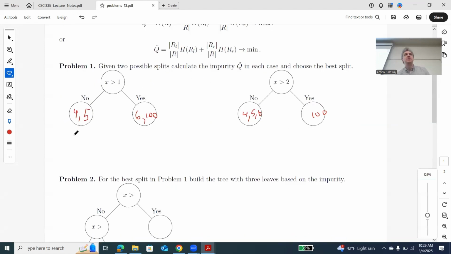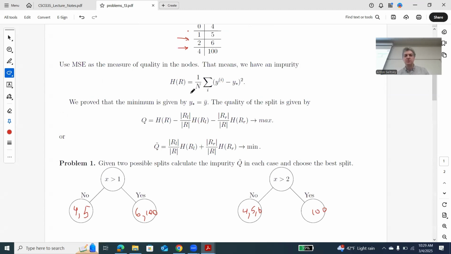Okay, what will be the predictions? Here I'm saying that we use, well, actually, we won't use 1 over n.